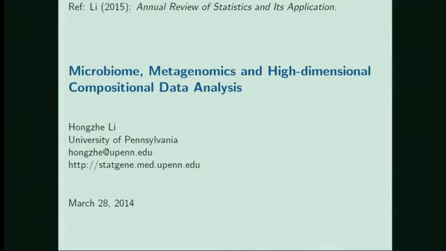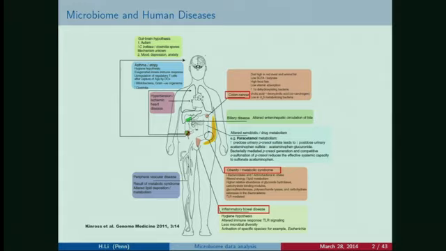So in this review paper, I try to write some statistical questions related to analyzing microbiome metagenomic data. We heard lots of wonderful talks about the association between microbiome and soil, biofuel, and plants.